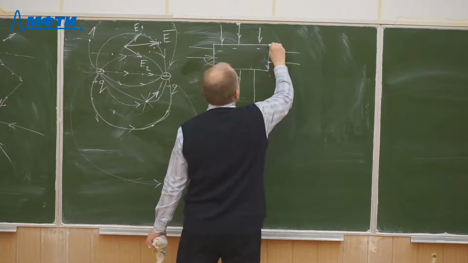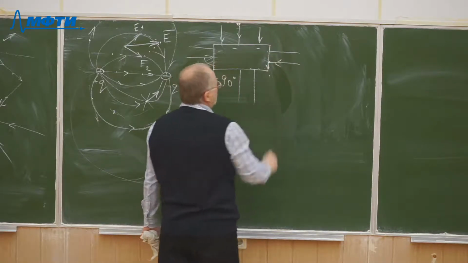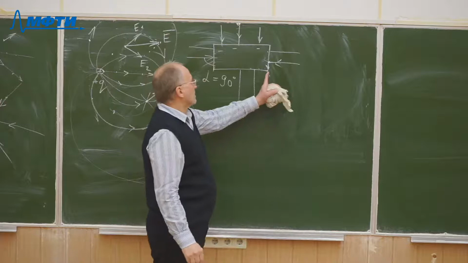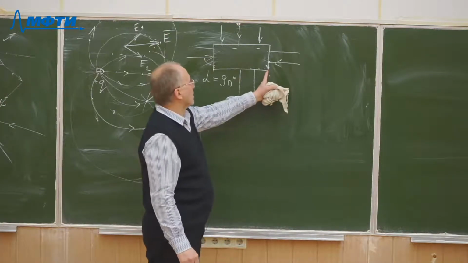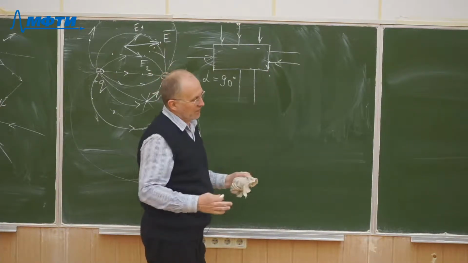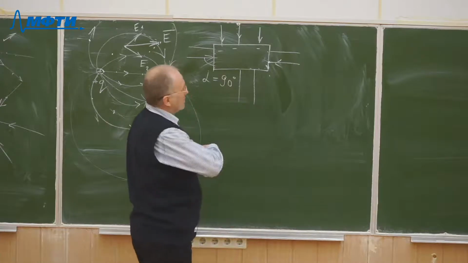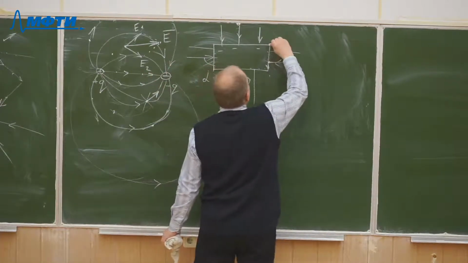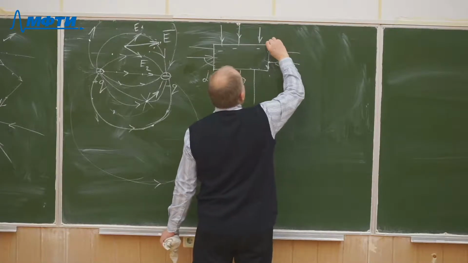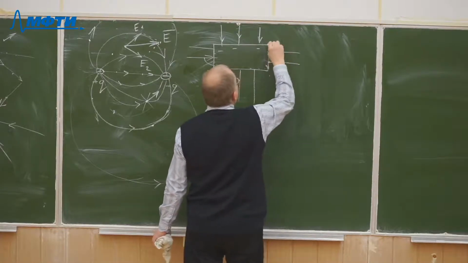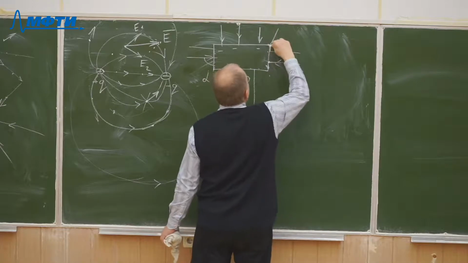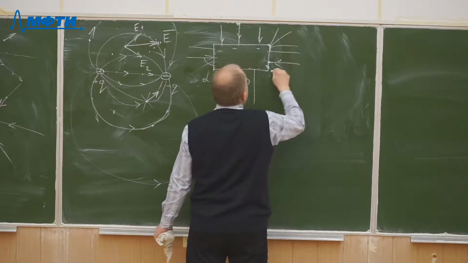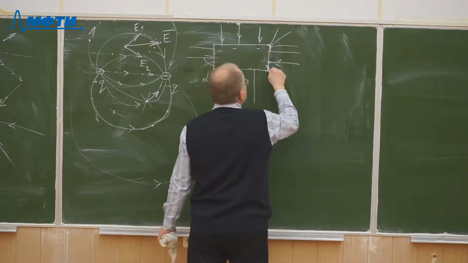And what happens at the corner? Microscopically, the corner may not actually be a corner. It should be some sort of spherical surface. And so the electric field lines will be perpendicular to this small spherical surface, and they will be directed in this way.